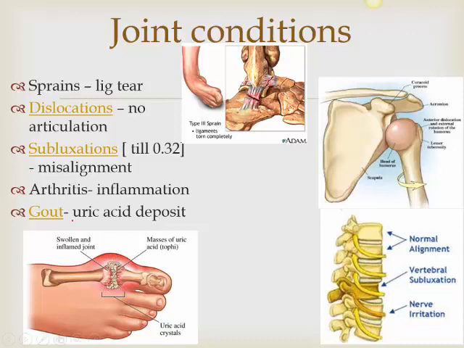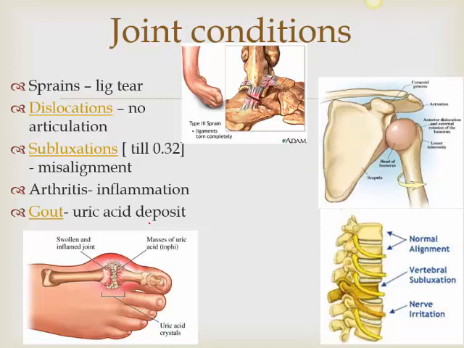And then we have a condition sometimes seen in people. It used to happen a lot in England, in the royal family, who drank a lot of wine, and wine has a substance which can deposit uric acid. So uric acid crystals deposit in various joint cavities, and they inflame the joint and make it immovable.